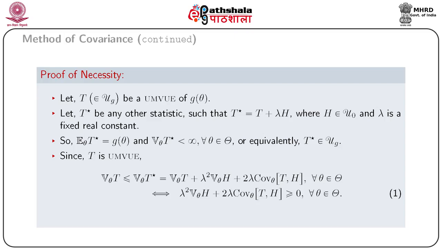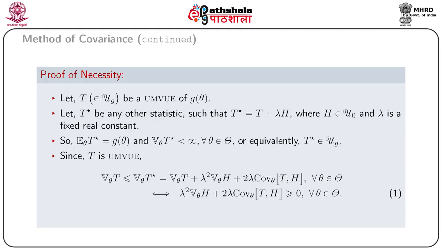Now variance of T* is equal to variance of T plus lambda squared times variance of h plus 2 times lambda times covariance of T and h. This implies lambda squared variance of h plus 2 lambda covariance of T and h is greater than or equal to 0 for all theta.